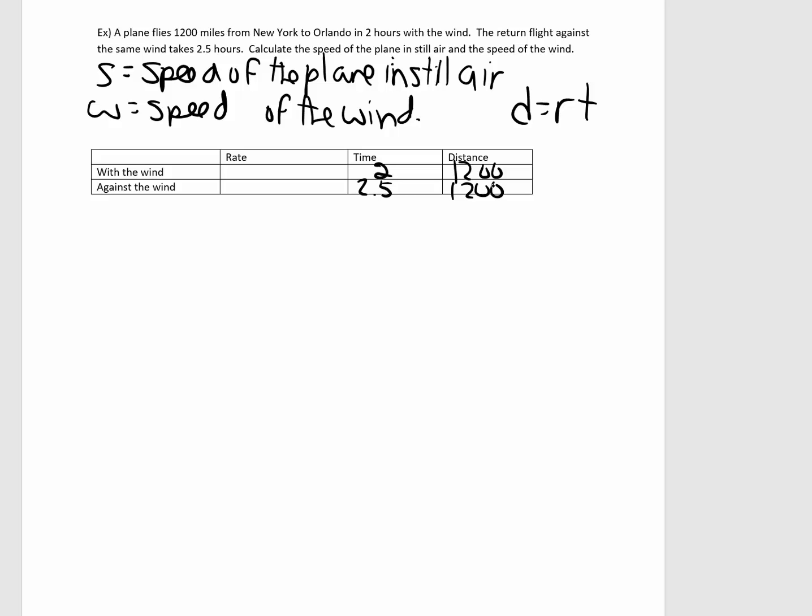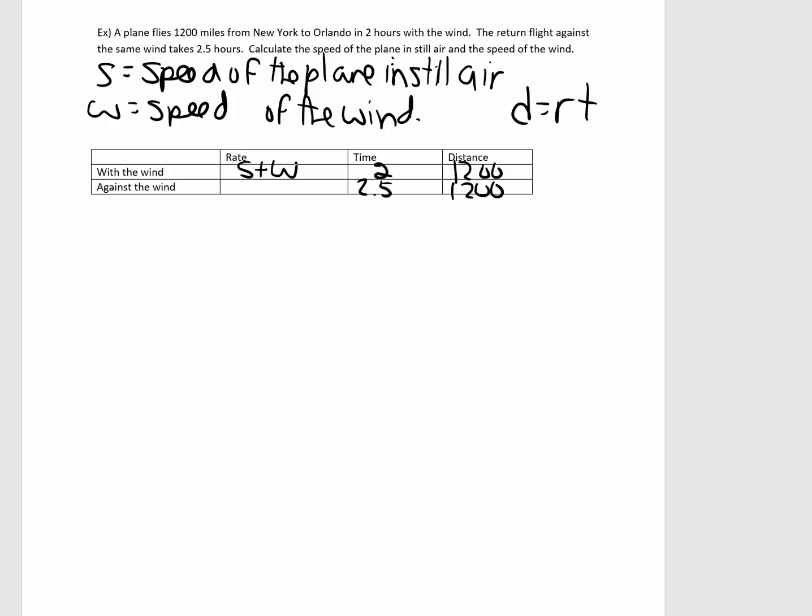If the airplane is going in the same direction as the wind, the plane will go faster. So for instance, if the speed of the plane is 100 miles an hour, with a wind going in the same direction of 20 miles per hour, I would take that 100 plus 20, and the plane would really be going 120 miles per hour. So with the wind, I will take S plus W. Now, if you're going against the wind, you would expect the plane to be slower.